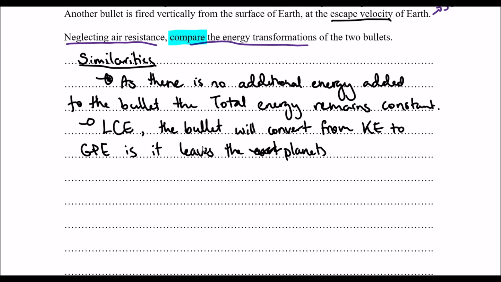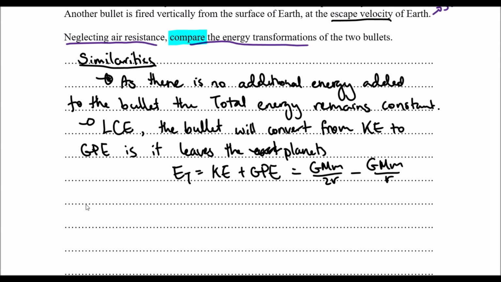We could even write down the formula, so we know that the energy total is given by kinetic energy plus gravitational potential, which is given by the following formulas. Okay, so the kinetic energy will convert to the gravitational potential.